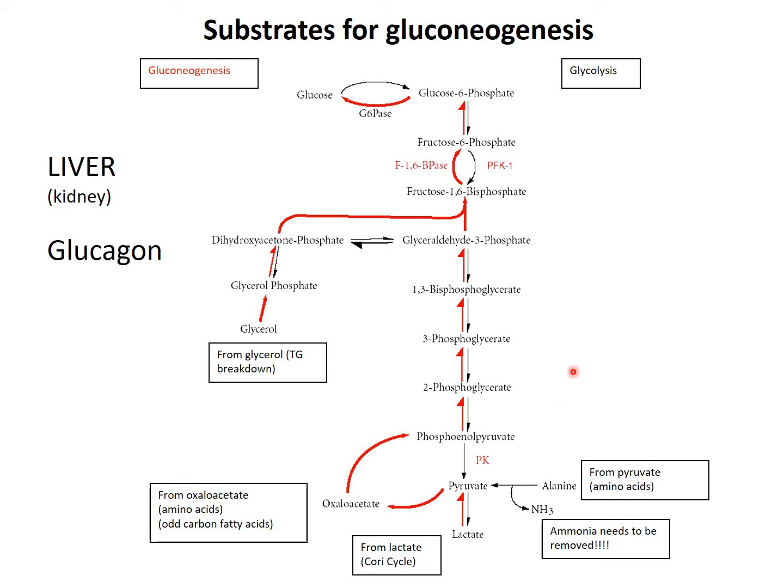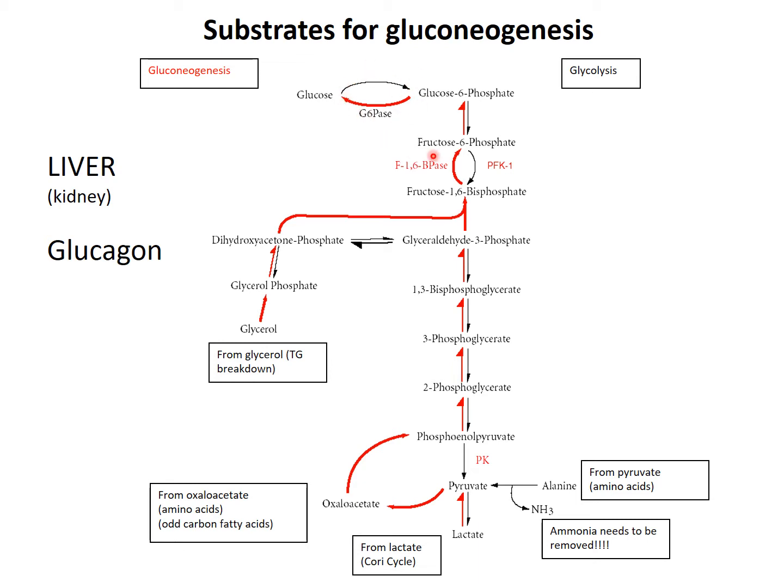I really like this figure because you actually have glycolysis, which are the black arrows, and gluconeogenesis, which are the red arrows, depicted on the same figure. It also contains two of the very important enzymes of glycolysis. I don't know why the name of the third enzyme is not here, which is hexokinase or glucokinase.